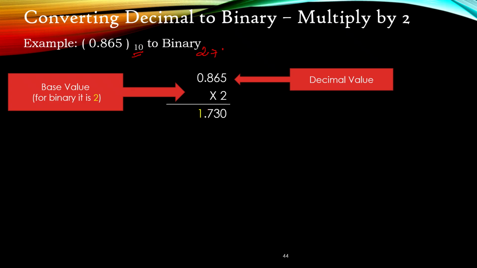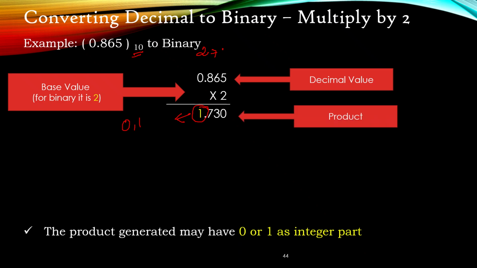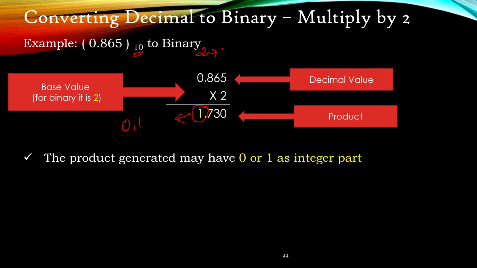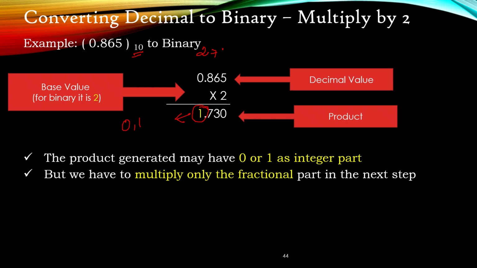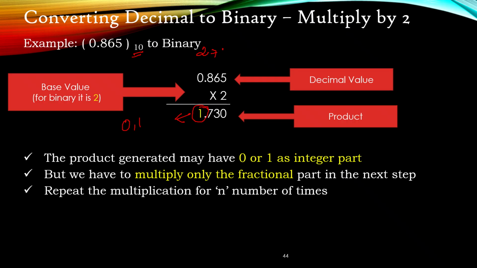So here obviously this integer part will be always either 0 or 1, right? And for the next time, for the multiplication, we have to remove this integer part and we have to multiply only this fractional part. And this multiplication may continue for n times.